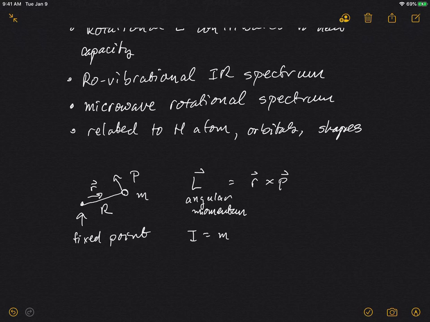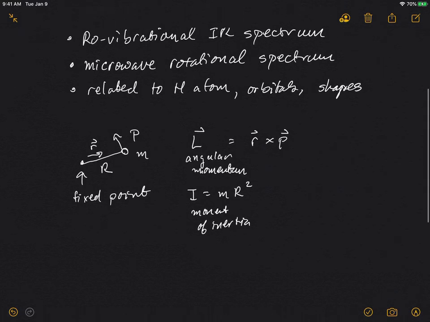If we have a particle at some distance r, moment of inertia is mr squared.